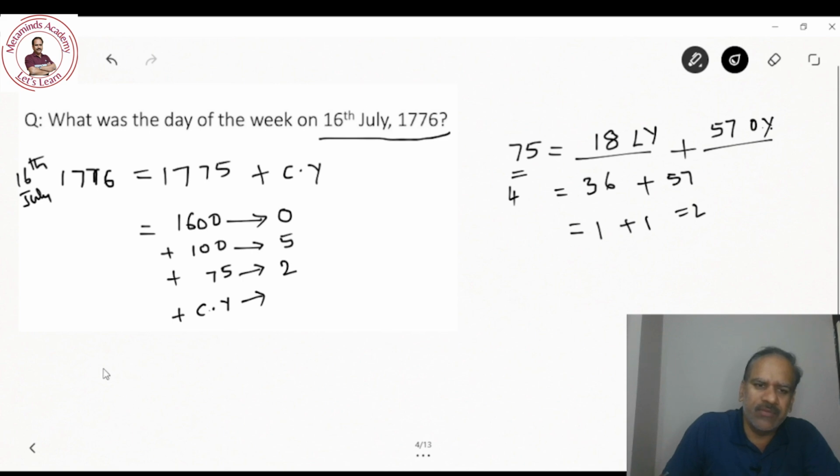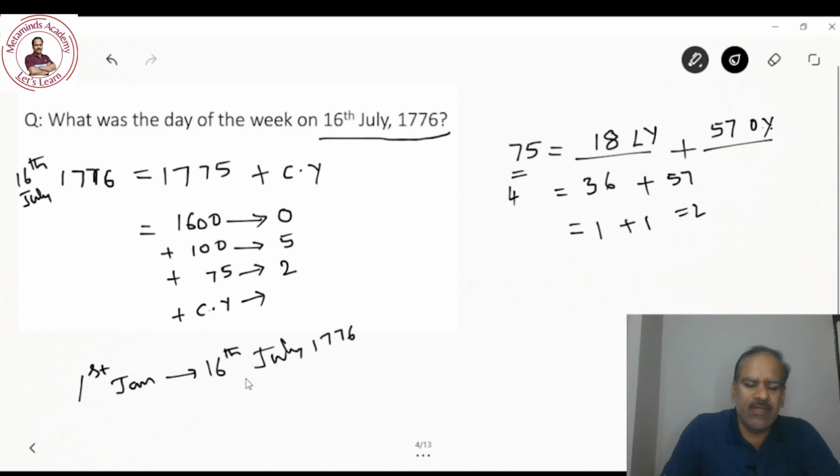Coming to the current year, the current year is from 1st January to 16th July 1776. Now we need to count the number of odd days month wise.